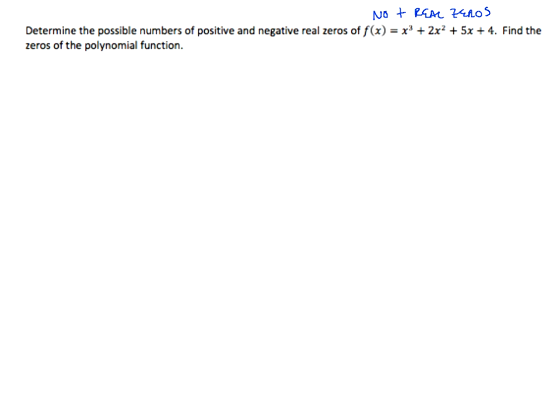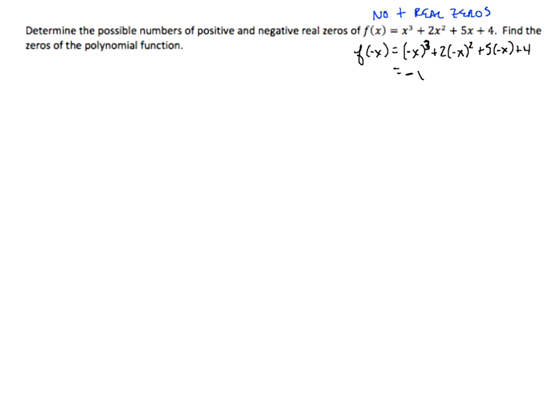And f of negative x, we need to figure out what that is first. So we have negative x cubed plus 2 times negative x squared plus 5 times negative x plus 4.